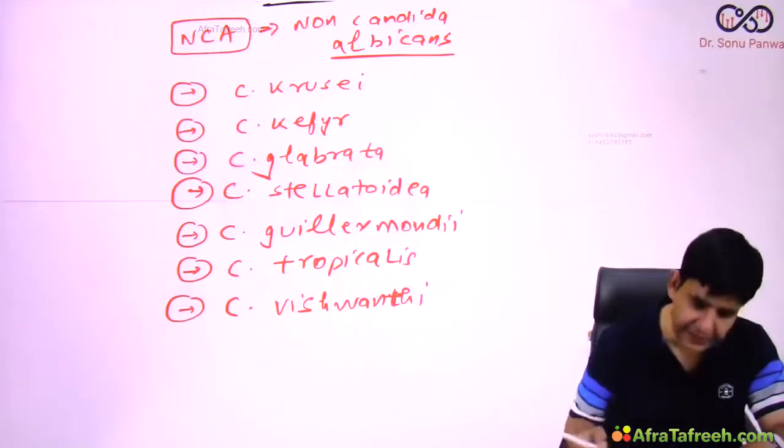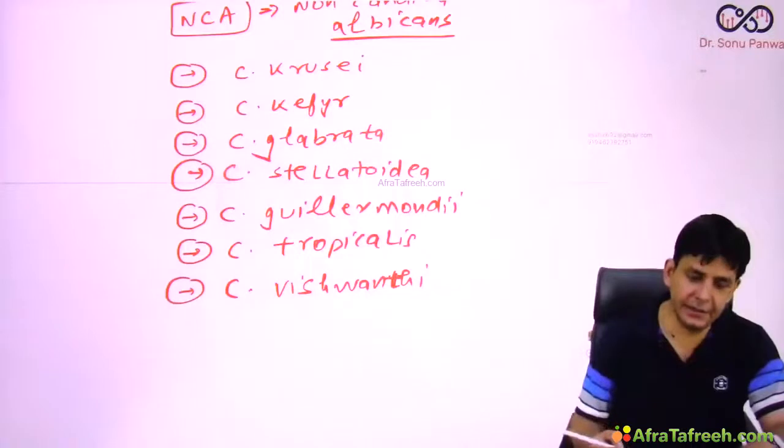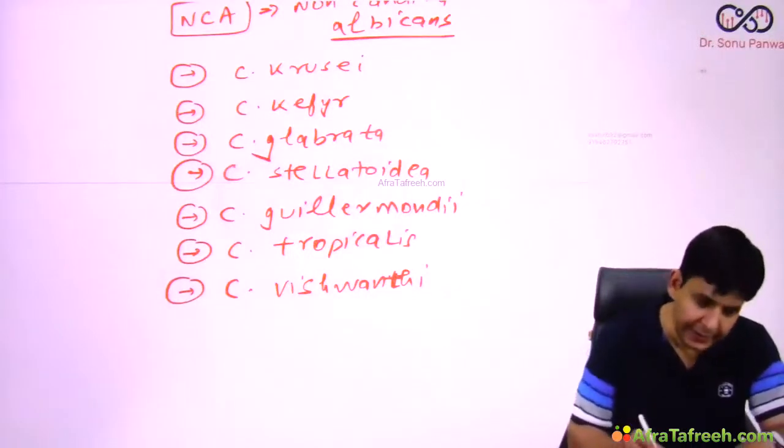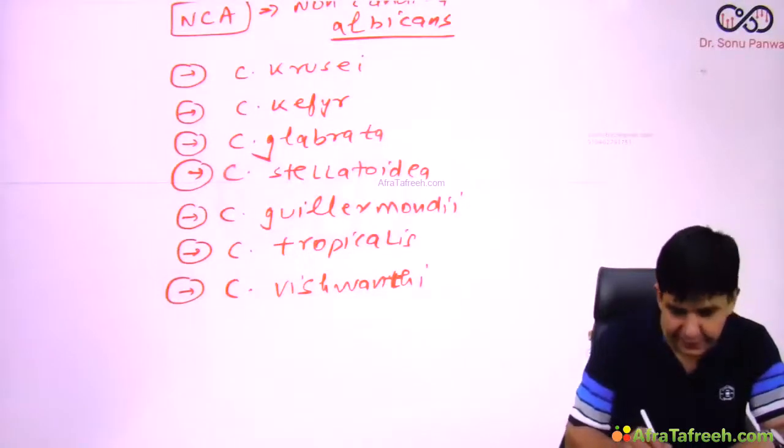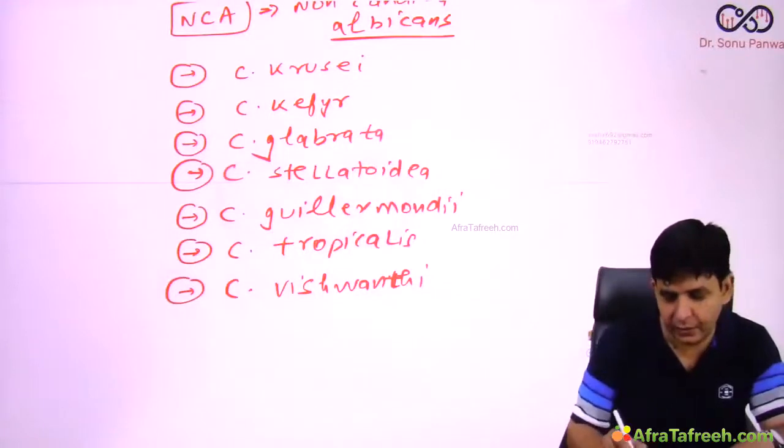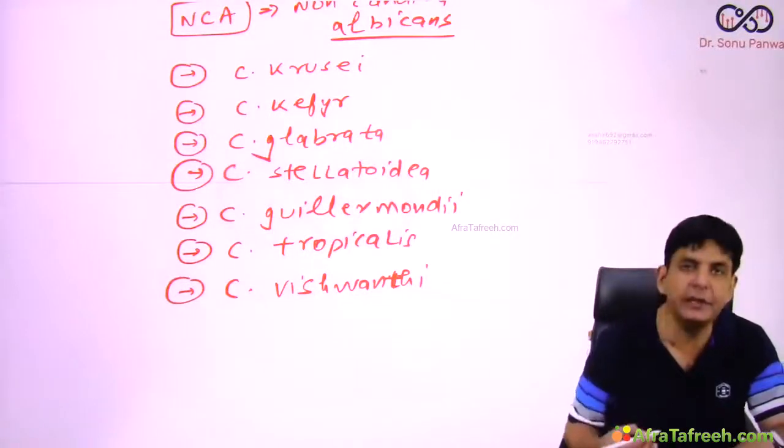These are the various names of non-Candida albicans like Candida krusei, Candida kefir, Candida glabrata, Candida stilatodia, Candida guillermondi, Candida tropicalis, and Candida vishwanathi.